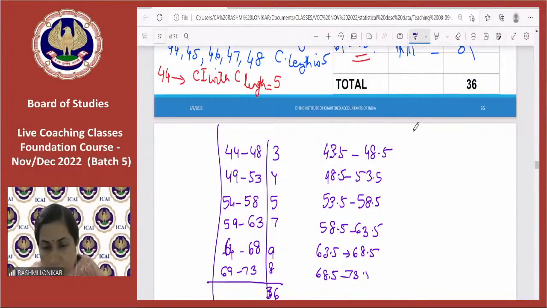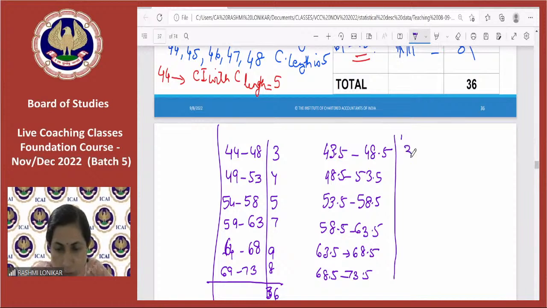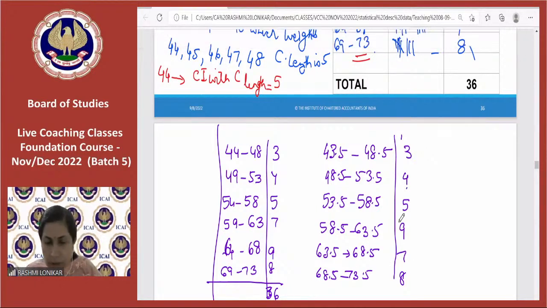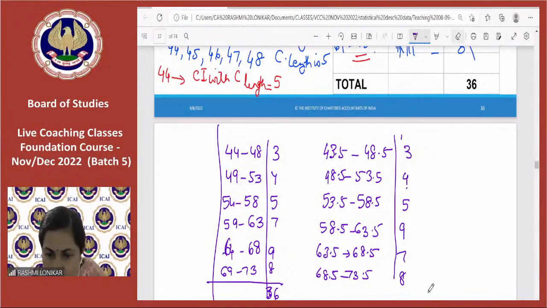And the frequency is 3, 4, 5, 7, 9, 8, which is equal to 36.